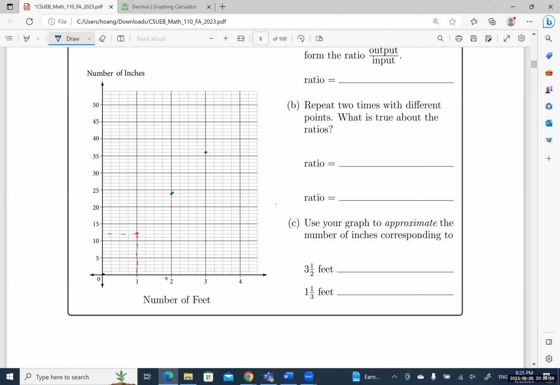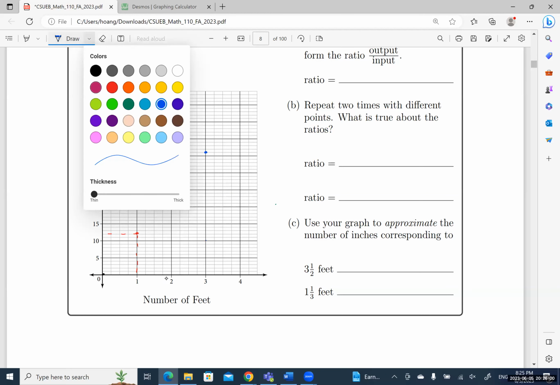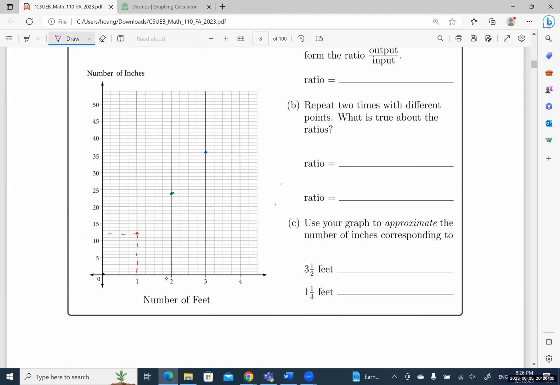And 4 will be the pink one. So 4 times 12 is 48, about here.